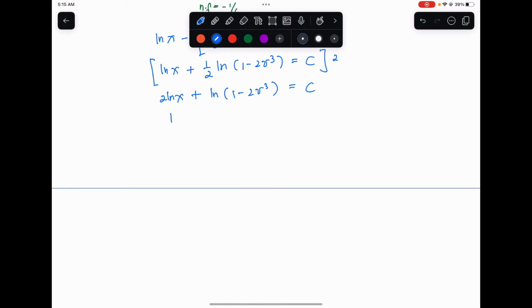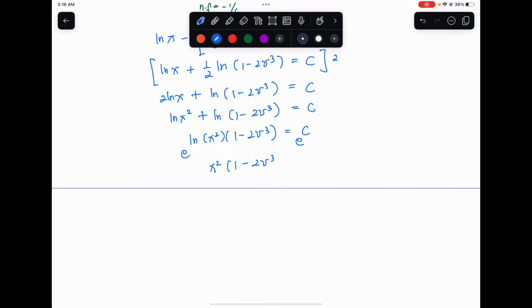And 2 ln x will be ln x raised to 2, plus ln 1 minus 2v cubed is equal to c. So we can combine, by applying properties of logarithm, ln x squared times 1 minus 2v cubed is equal to c. Then we exponentiate both sides, giving us x squared times 1 minus 2v cubed is equal to c.